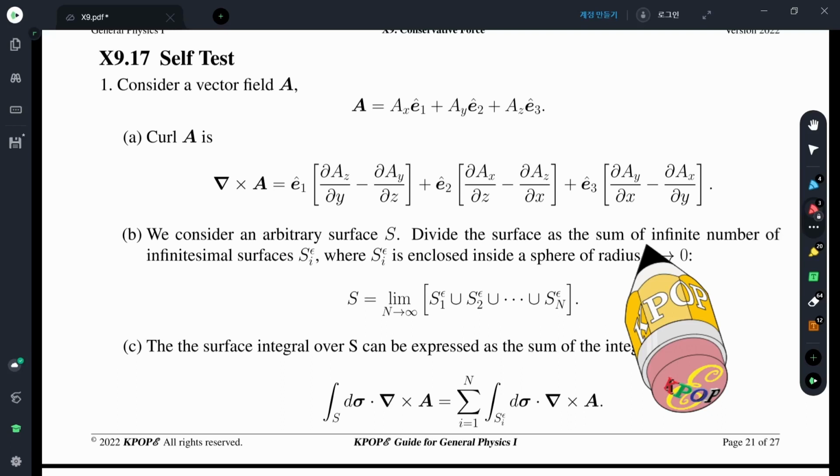The Stokes theorem is useful to identify the conservative force. By computing the curl, in most cases we want to verify a force is conservative. So the best way is to compute the curl. And if the curl is zero, that is irrotational, then the force is identified to be conservative.